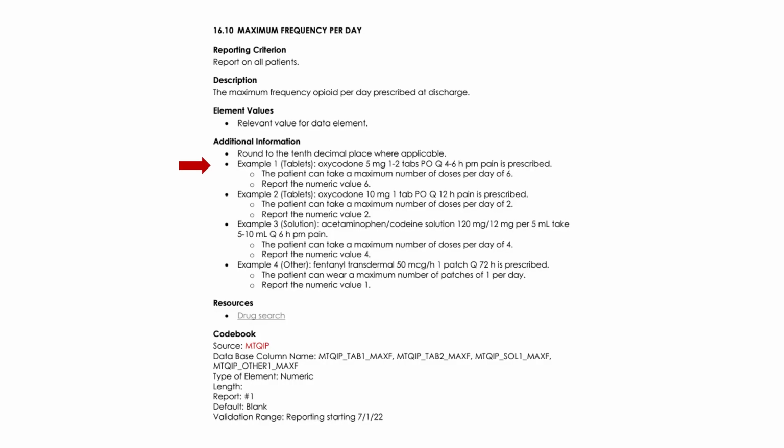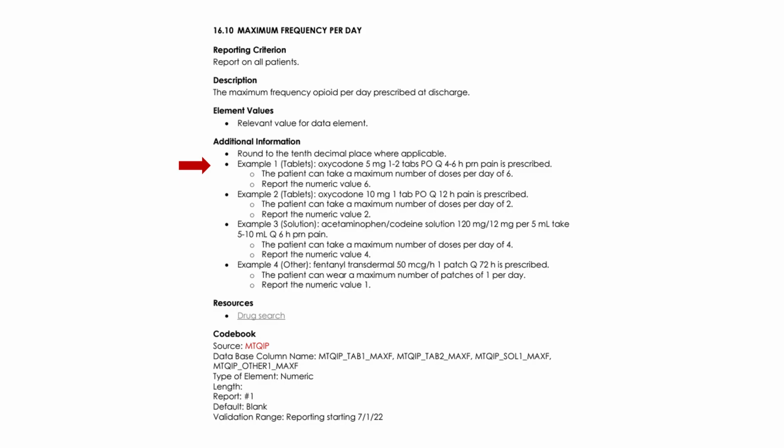Maximum frequency per day refers to the maximum number of times an opioid can be taken within a 24-hour period based on the prescription instructions at discharge. For example, if oxycodone 5 milligrams, take 1 to 2 tablets by mouth every 4 to 6 hours as needed is prescribed, the patient may take a maximum of 6 doses per day.